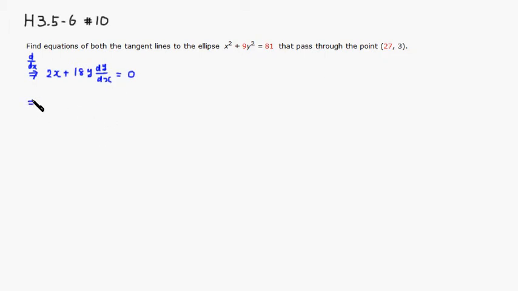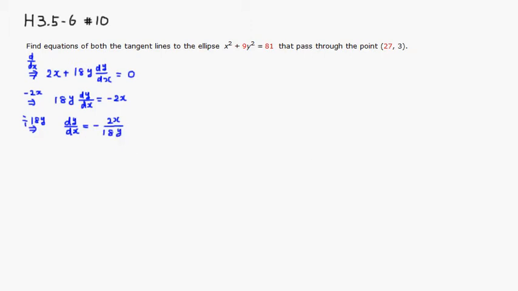Then we can solve for dy over dx. First subtract 2x from both sides, so you get 18y dy over dx equals negative 2x. Then divide through by 18y to isolate dy over dx, so this is negative 2x over 18y.